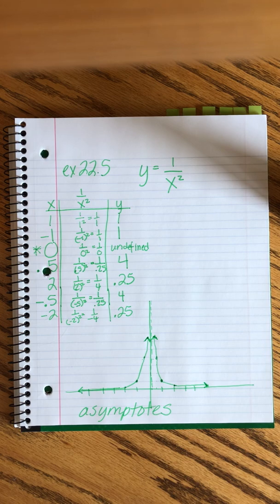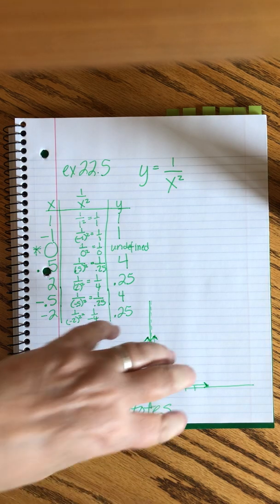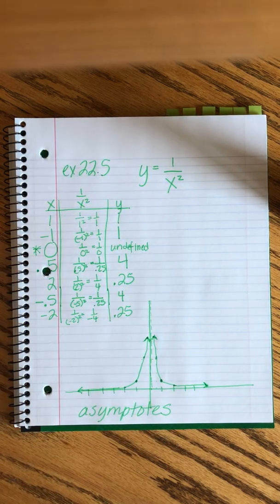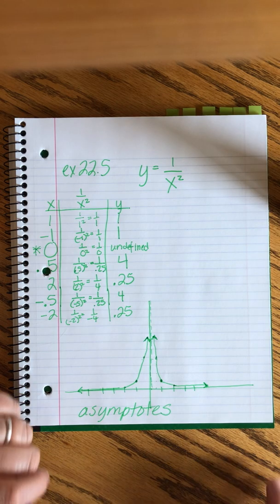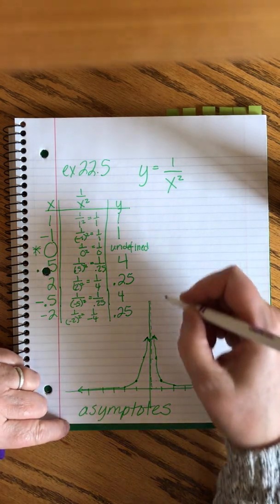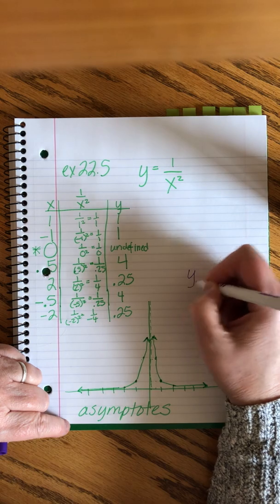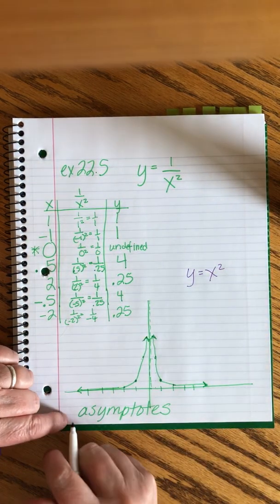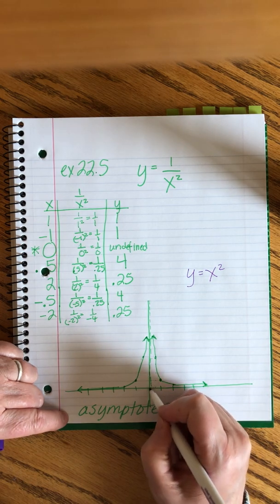All right, this is the graph of this equation, and what's fun to see is, this isn't part of the problem, but just for fun, let's graph y equals x squared, which is the partner to that, right? The non-reciprocal. That looks like this.